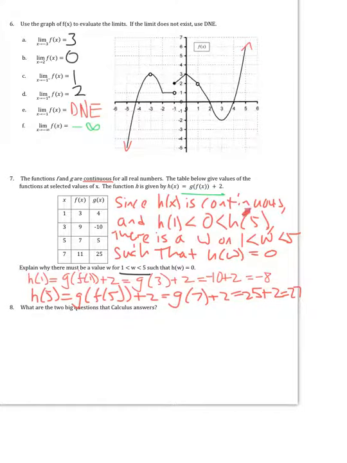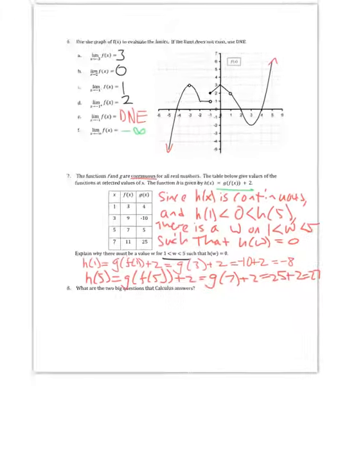You got to say that it's continuous. We got to make some statement that 0 is in between h of 1 and h of 5, or 0 is between -8 and 27. There is a w on the interval, and we need to give the interval, such that what we're trying to prove is true. So, all right, that's the intermediate value theorem.